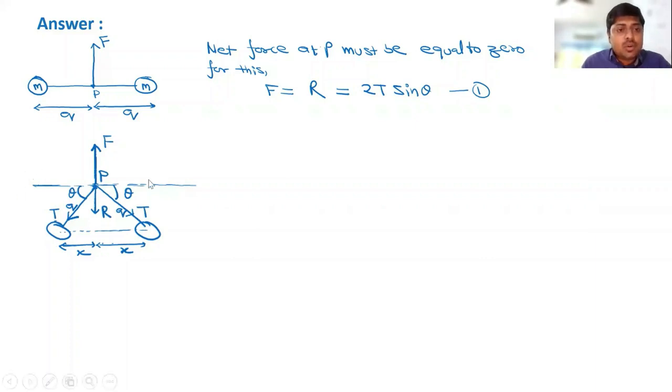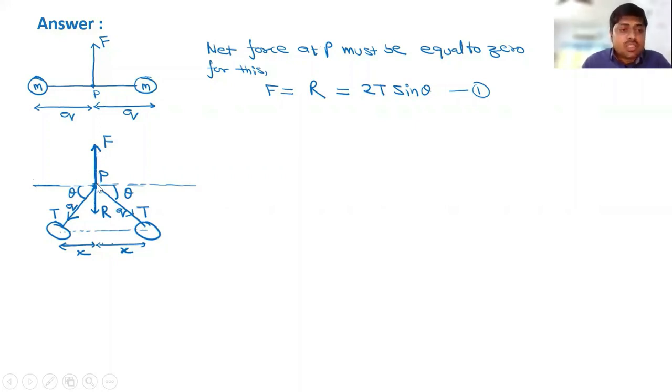One is T cos theta along this direction, that is the horizontal direction, and T sin theta that will be in the vertical direction downward. So both these tensions, T in this string and T in this string, will have two components in the downward direction. That will be T sin theta plus T sin theta, which will be the net downward force. And there is only one force acting in the upward direction, F.